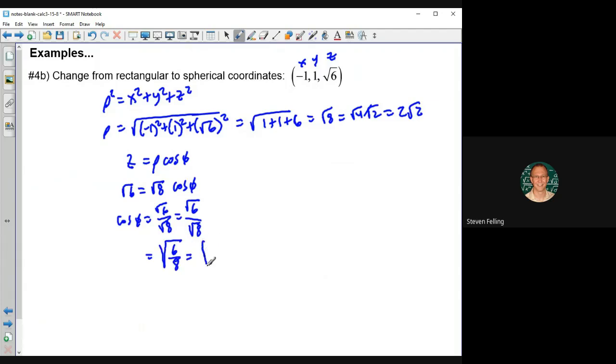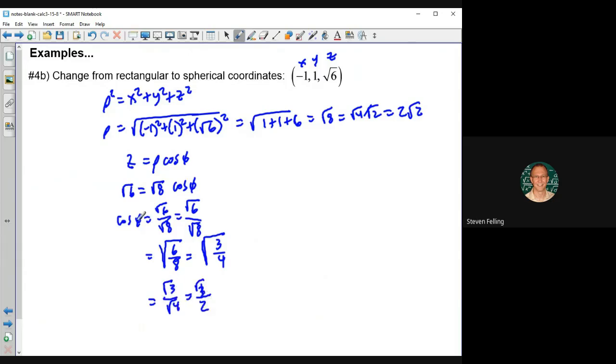Square root of 3 over 4, and if I pull it outside, this is the square root of 3 over the square root of 4, which is square root of 3 over 2. There we go.